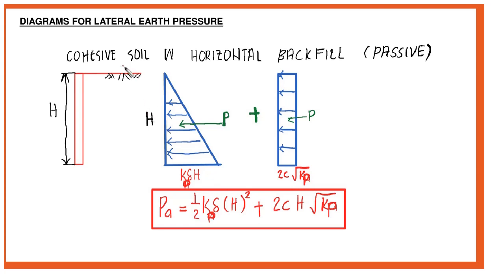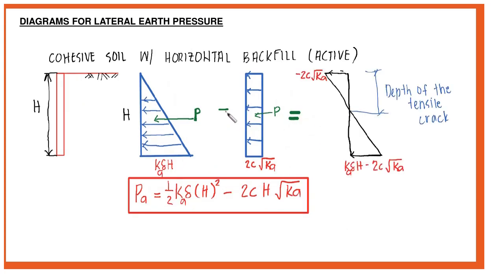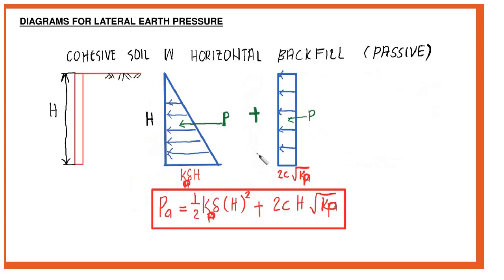We also have here cohesive soil with horizontal backfill. Passive naman tayo. So, pag passive, we have to add yung effect ng ating cohesive soil. So, pag active, minus. Pag passive, i-add natin yung effect ng cohesive soil. Okay? So, yung pag-active, K sub P, itong mga to.